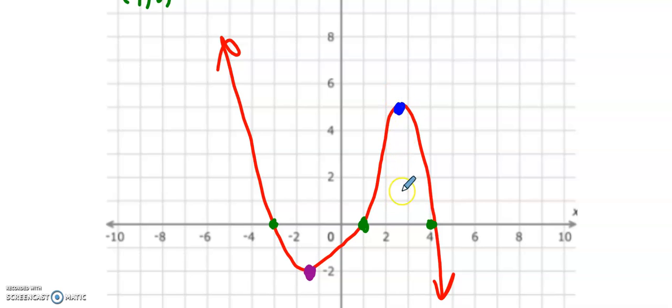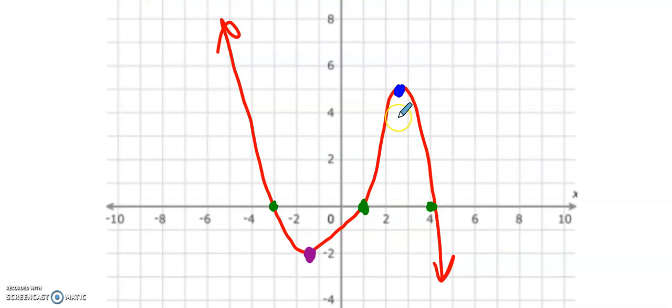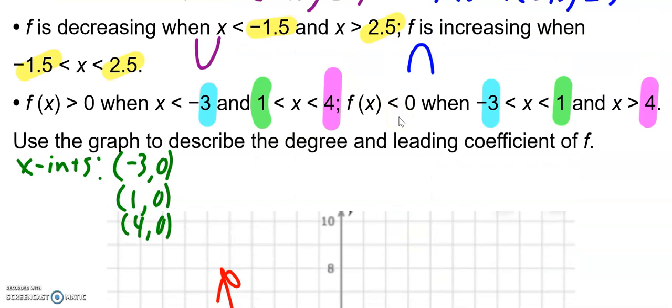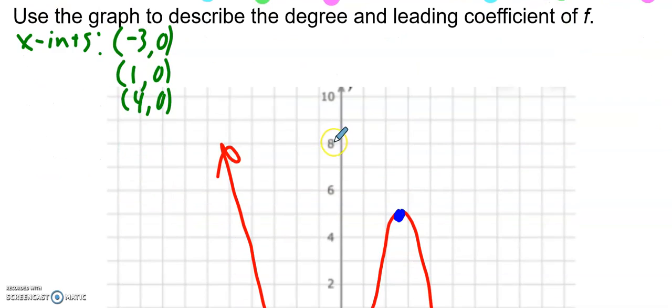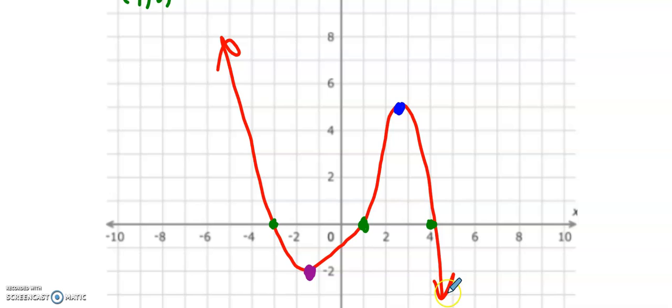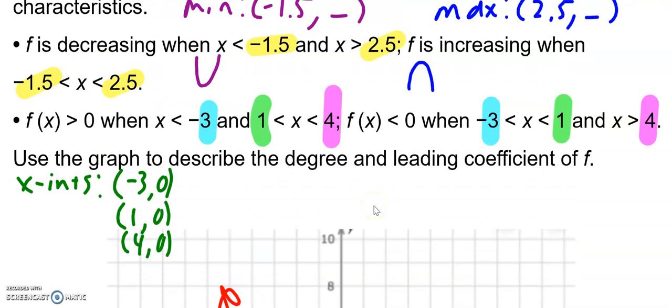This just needed to have a positive y-coordinate at the x-coordinate of 2.5. And then I'm satisfying that the function is decreasing from 2.5 to infinity. Here it is greater than 0. Here it is less than 0. So I'm meeting all of my requirements.